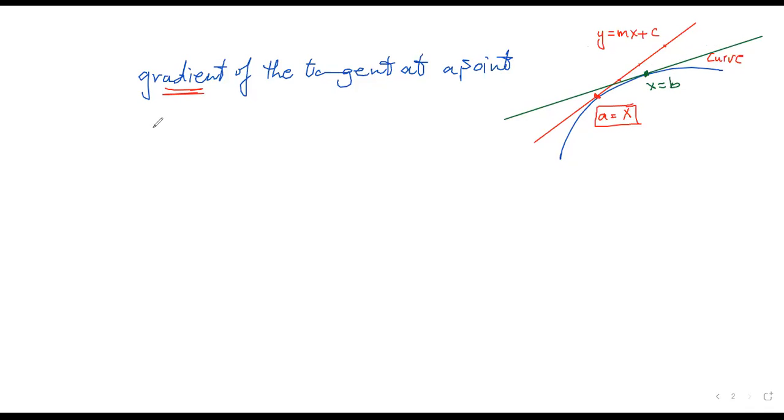So for curves, there is a different gradient at every point on the curve.